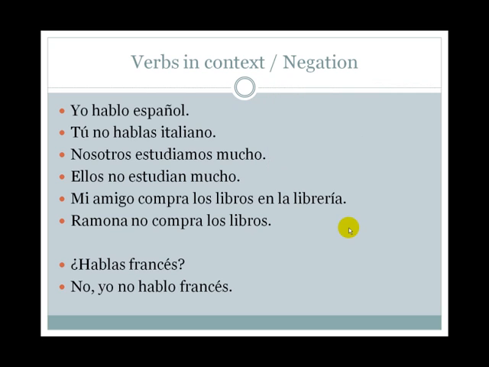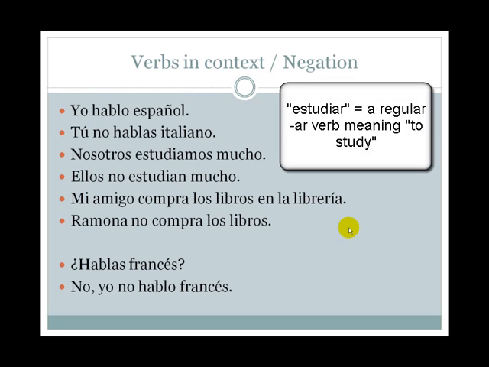You'll notice there I made this statement negative simply by adding no directly before the verb. In Spanish, that is the pattern for creating a negative sentence. Instead of using the word not, like we do in English, you simply say no and put it directly before the verb. Tú no hablas italiano.